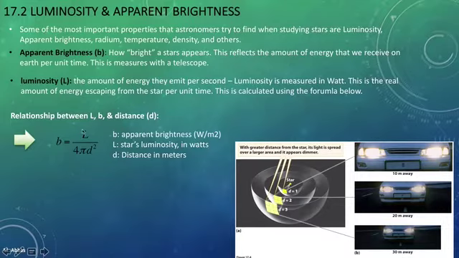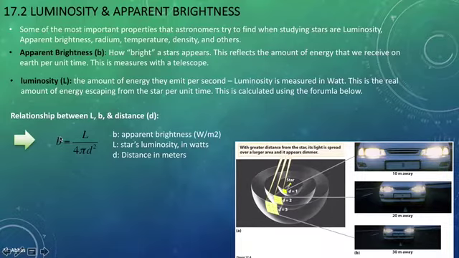This is why we have a relationship here, and it tells me that B, which is the apparent brightness, is equal to L, which is the real brightness of the star, the luminosity, divided by 4 pi d square, and d is the distance between the star and the observer. The more the d, the bigger the distance, the less bright the star will look.